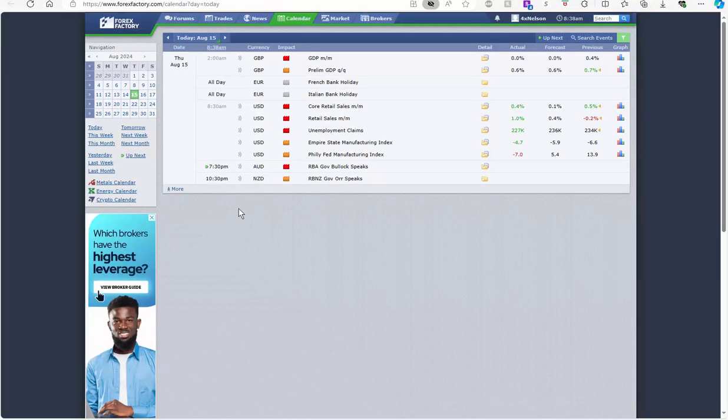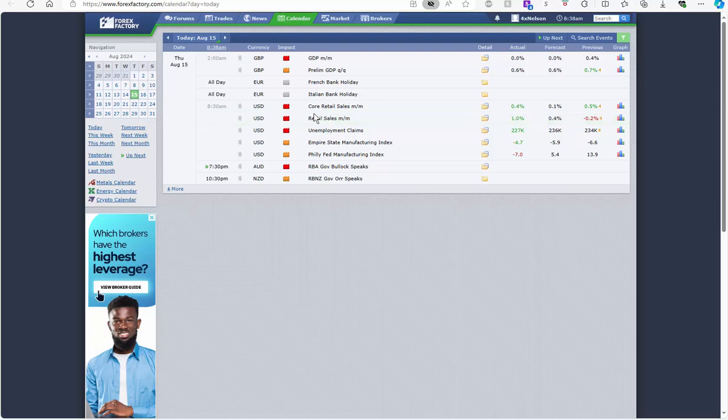And on this day, August the 15th, at 8:30 a.m., there was some core retail sales month over month, and again retail sales here. Over here the actual reading, it was green, so that means we're going to be buying the US dollar.